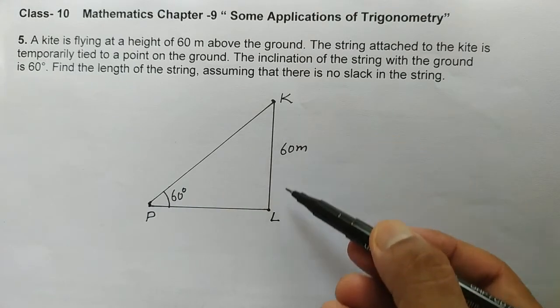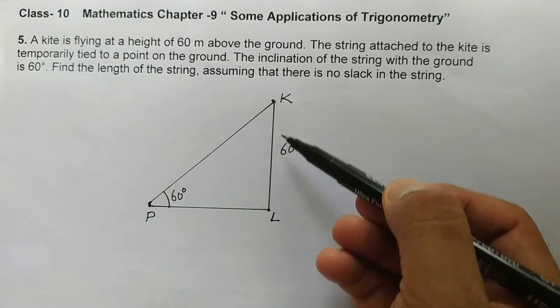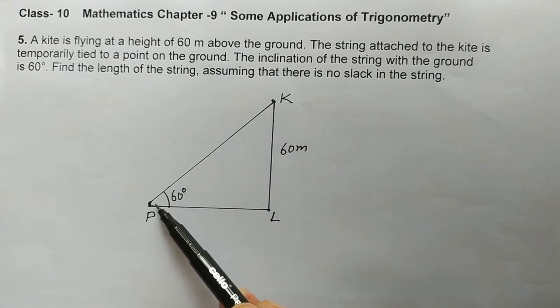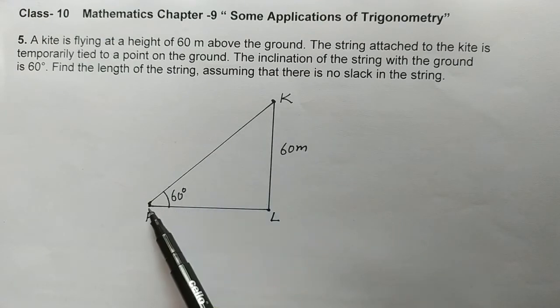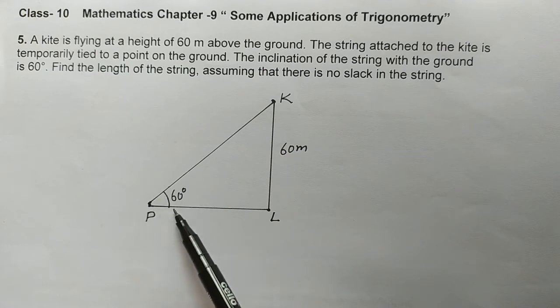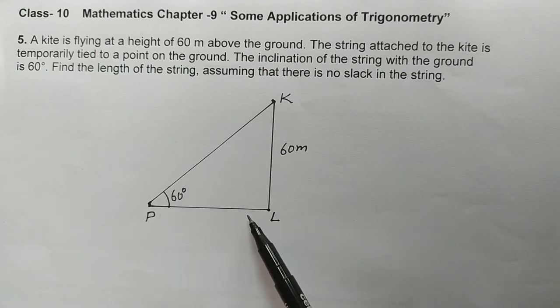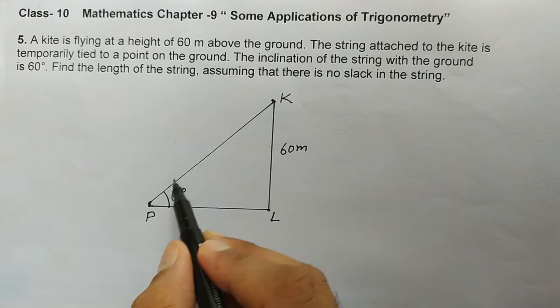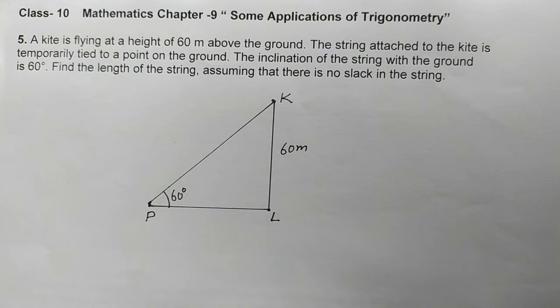In the figure, KL is the height of the kite, and KP is the length of the string. This is the string where it is tied at point P on the ground. So this string is making angle 60 degree with the horizontal. So we have to find out the value or length of KP, the length of the string. So first of all, we will write what is given in the statement.